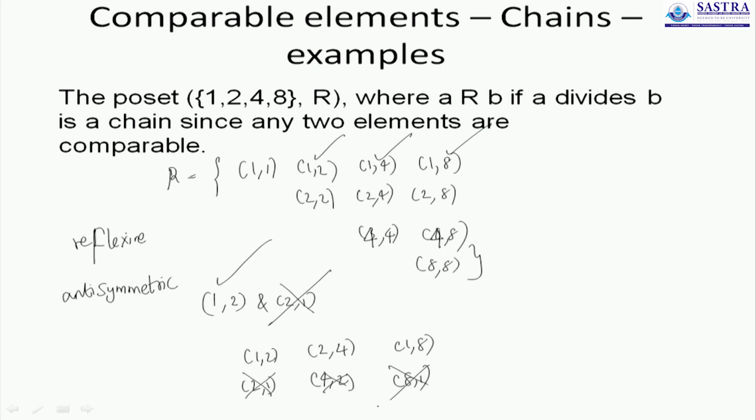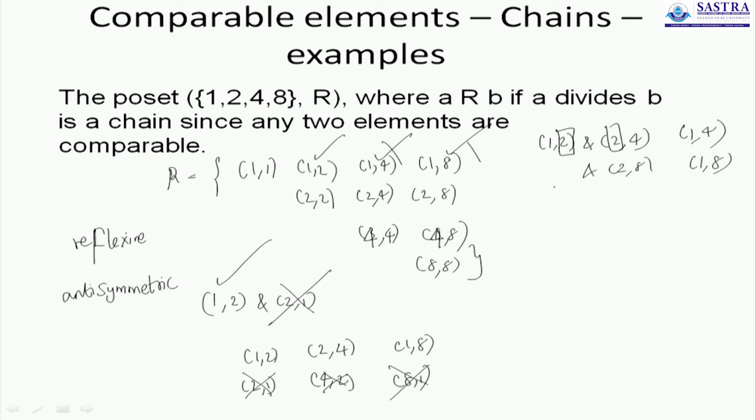To check if it is transitive, let's pick 1 2 and 2 4. 1 2 and 2 4 should together imply that I also have 1 4 as a pair present, and 1 4 is actually there. Similarly 1 2 and 2 8 should mean I have a pair 1 8, and 1 8 is there.